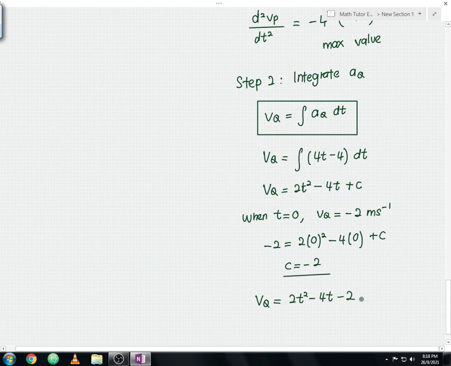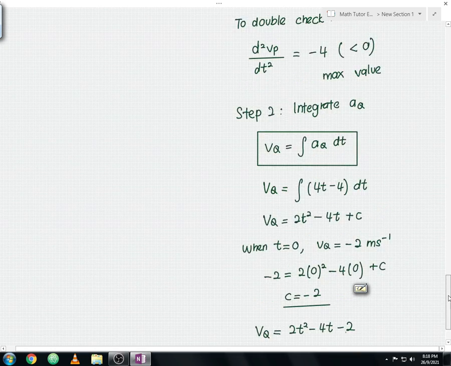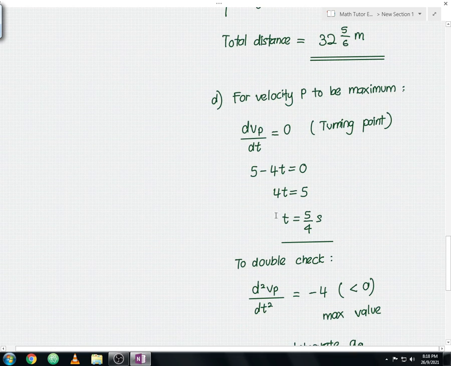Once you get this, now you can use the time that you get in the early part of the working.